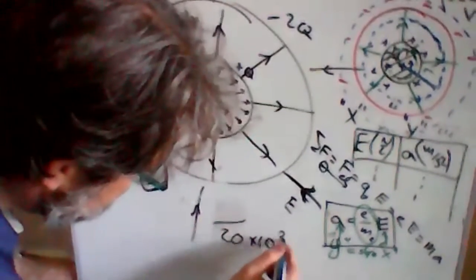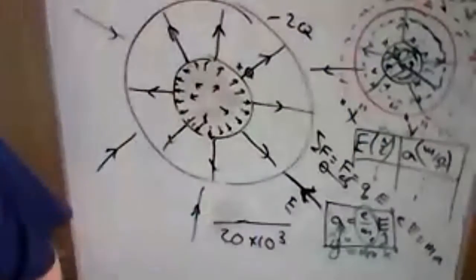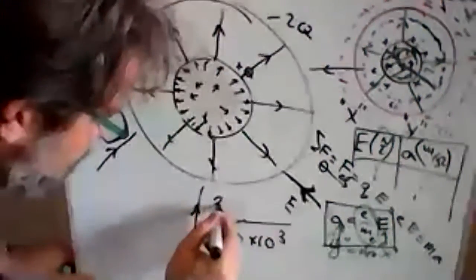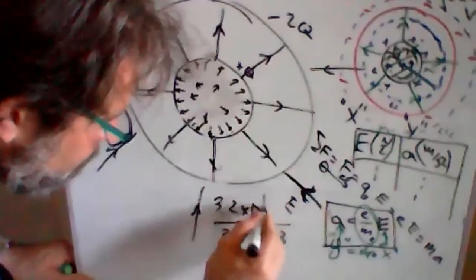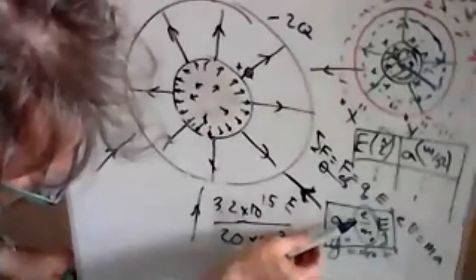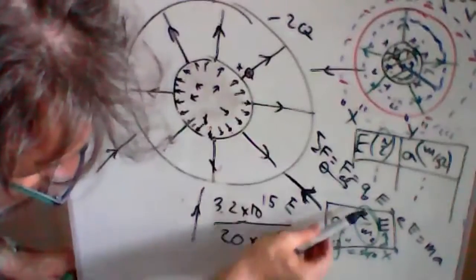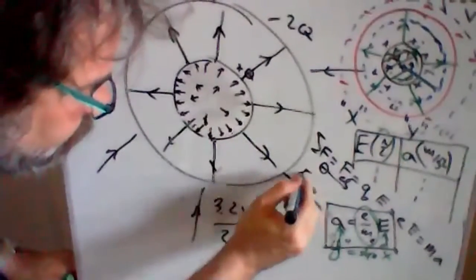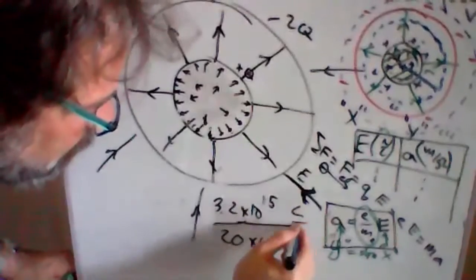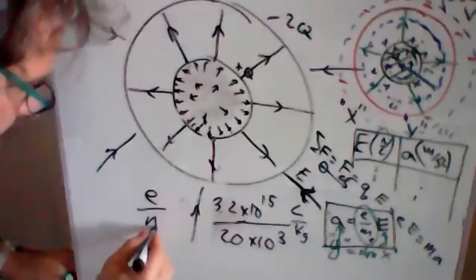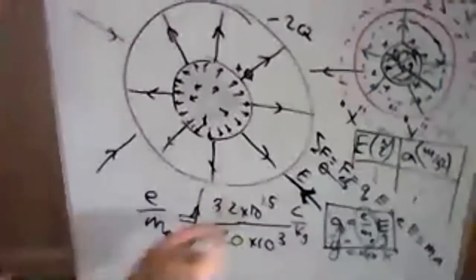And then over here, for this one would be 3.2 times 10 to the 15. And this should, in the end, because it's the charge of the electron to the mass of the electron, coulombs per kilogram would be the units in that. This means E divided by ME equals this.